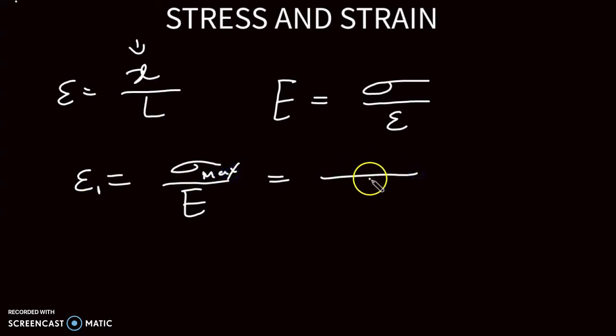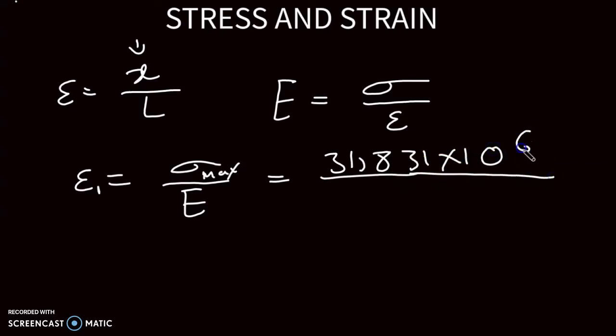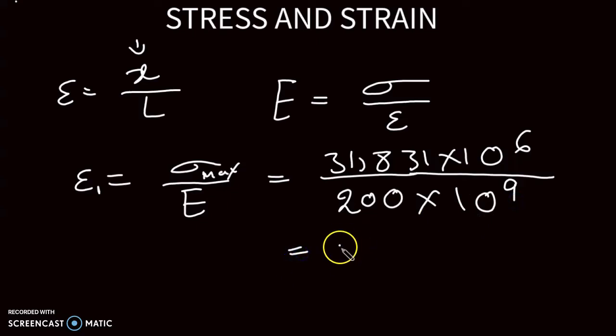And the maximum stress we calculated and got is 31.831 times 10 to the power 6 divided by Young's modulus, which we are given as 200 times 10 to the power 9. And this gave me a strain of 1.592 times 10 to the power negative 4.